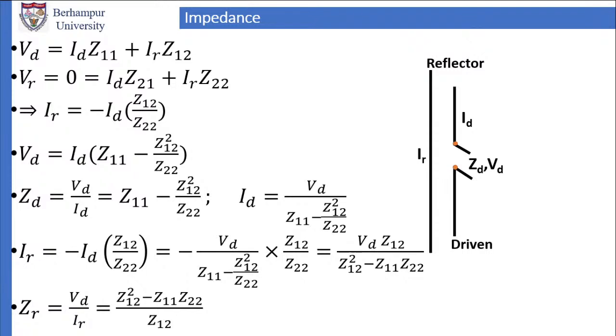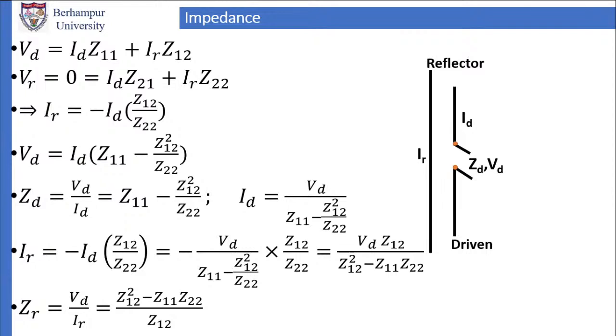We can easily find out Vd by Id, which is Z11 minus Z12 square by Z22. Now we have to find out Id. Id is equal to Vd divided by Z11 minus Z12 square by Z22.